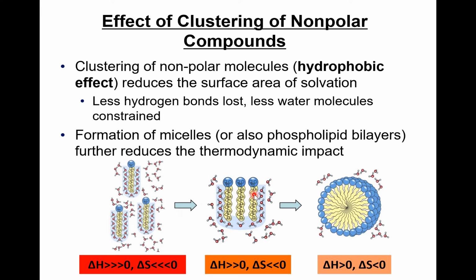Not only that, but also the number of hydrogen bonds that is lost is proportionate to the total surface. And therefore, the overall effect in the enthalpy and in the entropy of nonpolar solution is now much less if the nonpolar molecules are combined together.